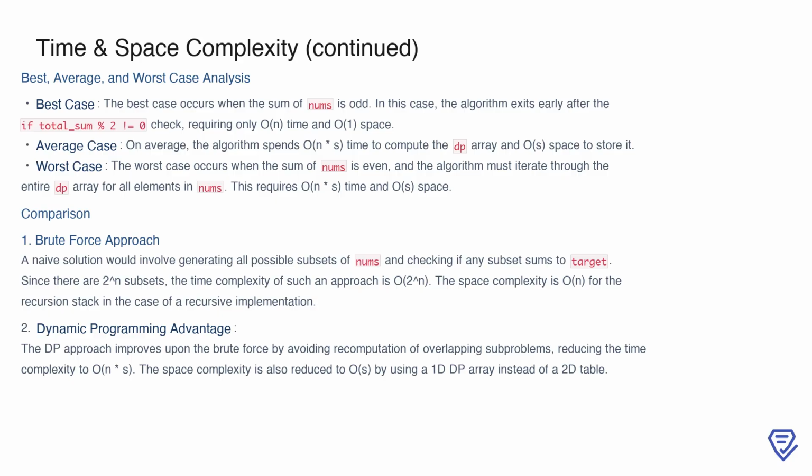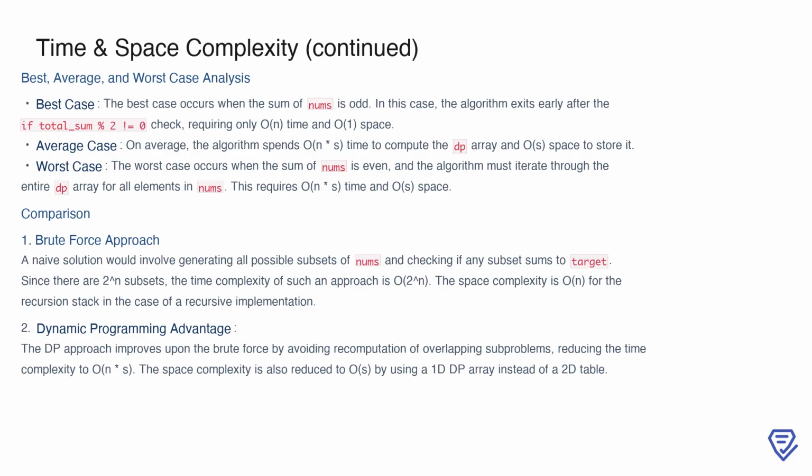In the average case, where the algorithm processes the dp array for a reasonably balanced input, the time complexity is O(n*s), and the space complexity is O(s). The worst case occurs when the sum of nums is even, and the algorithm must iterate through the entire dp array for every element in nums. Here, the time complexity remains O(n*s), and the space complexity is O(s).